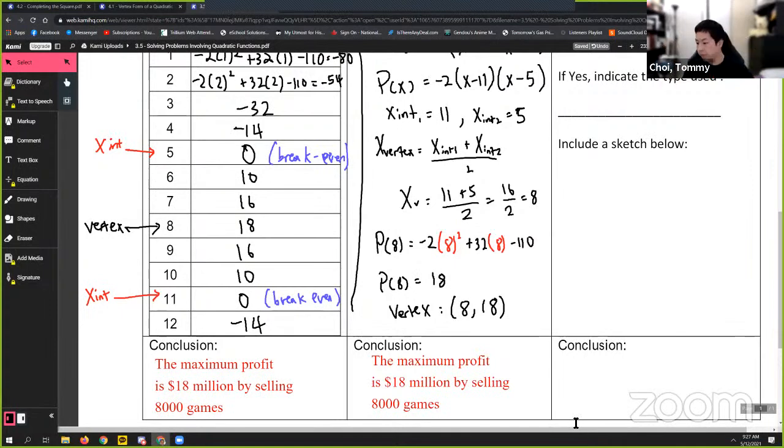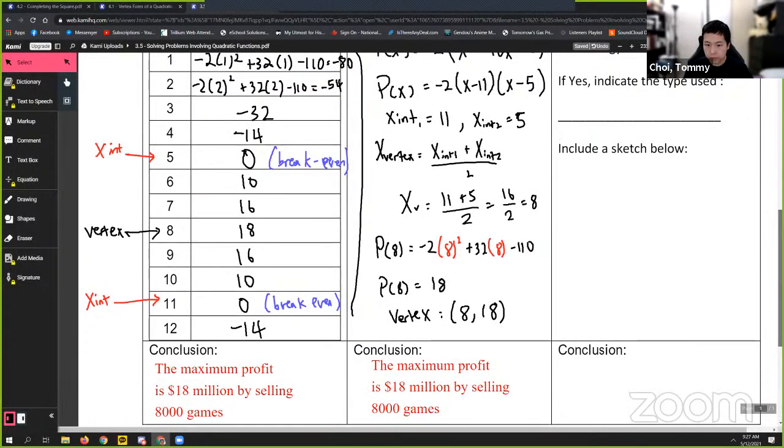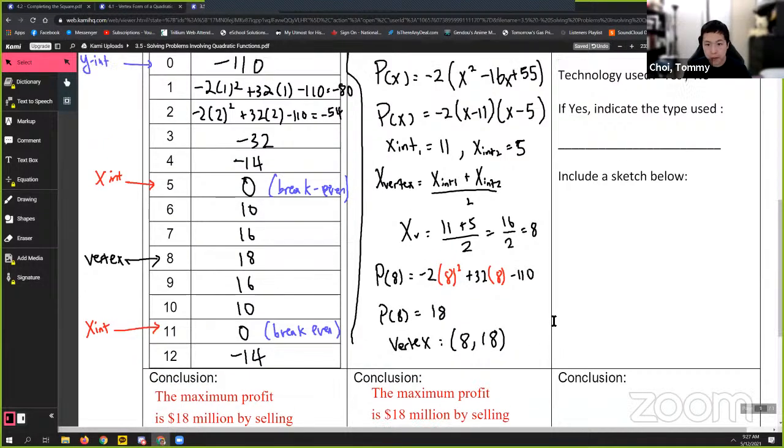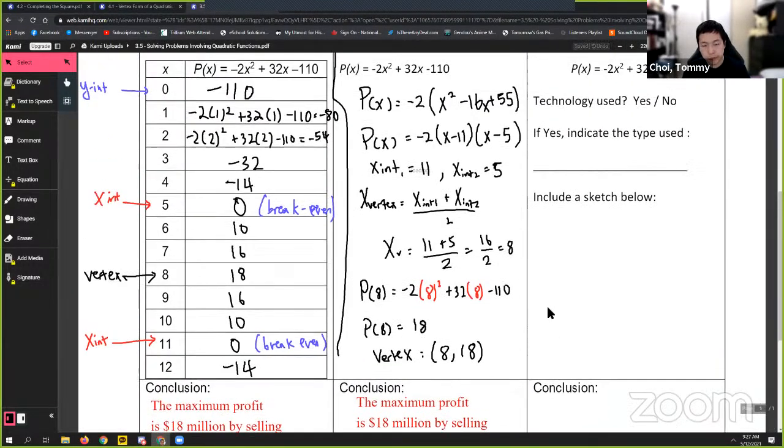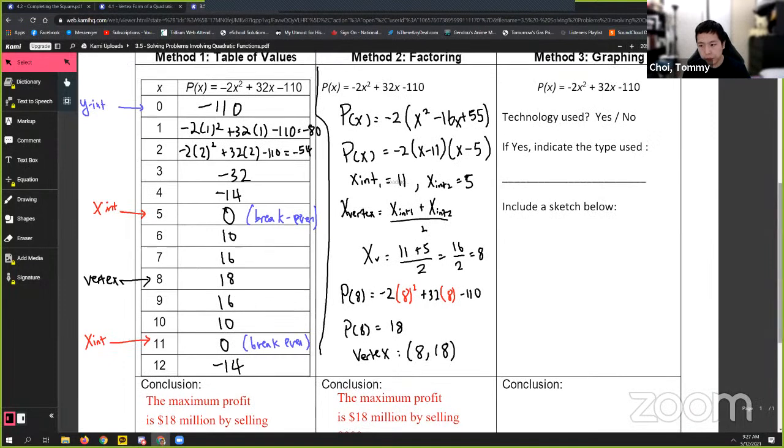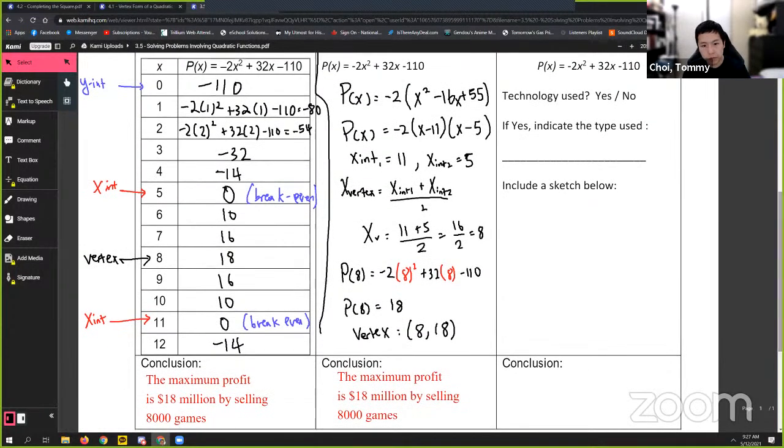Okay. So this should be the same conclusion. Nothing really changes here. Okay. So method 2, if you got factoring, that's half the work.